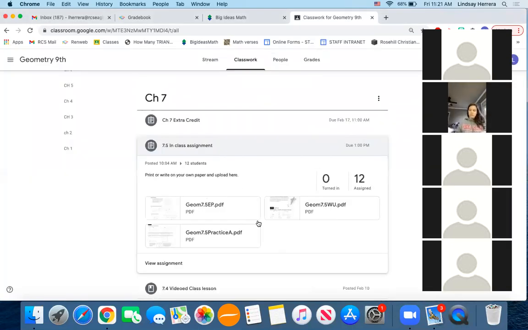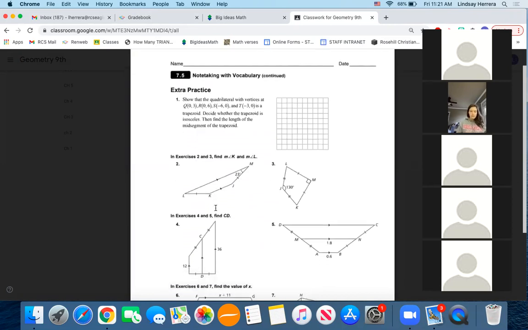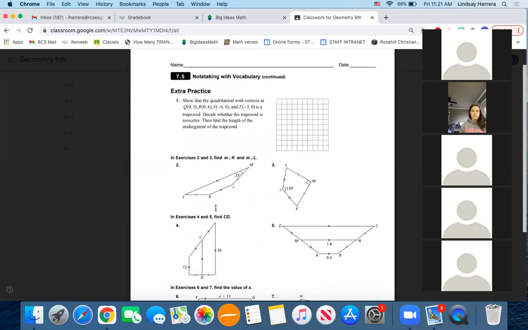All right. Let's do the one that says Geometry 7.5 EP. All right. Number 1 says show that the quadrilateral with vertices at Q, R, S, and T is a trapezoid.